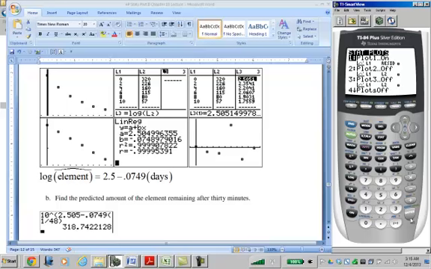So this is why I prefer to do this, especially when working with re-expression. Let me turn the plot back to L1 and L3. Now I'm going to go to second and y equals, and I'm going to put in the equation with all the decimal places.